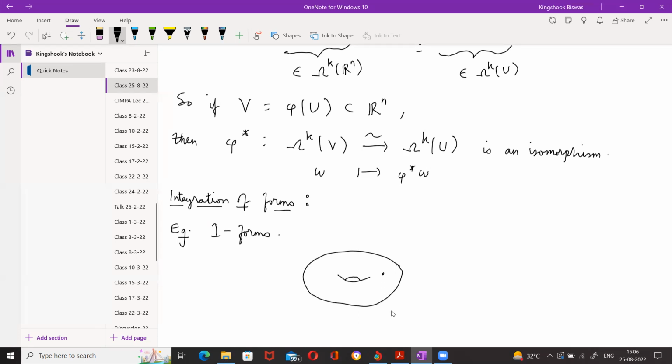Now, how do I integrate such an object? Well, the natural thing to integrate this over would be smooth curves in N. So suppose I have a smooth curve gamma from an interval AB into M.